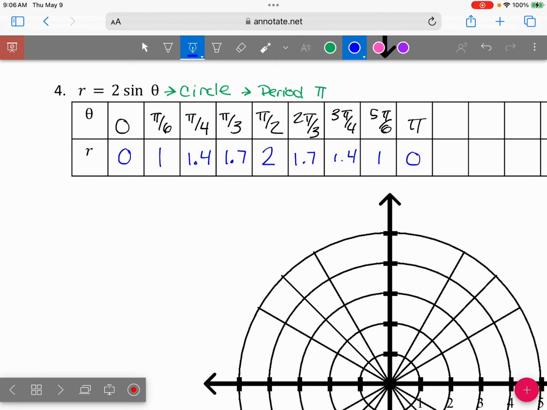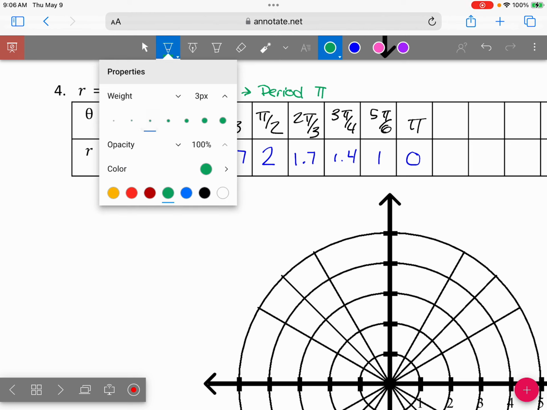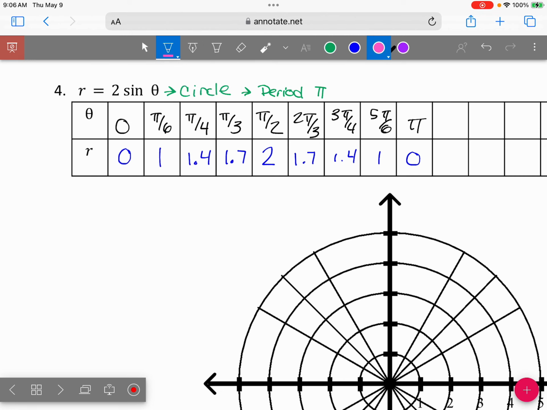So we're going to plot up these points. So at 0, 0, we have a point. Pi over 6, 1. Pi over 4, 1.4.